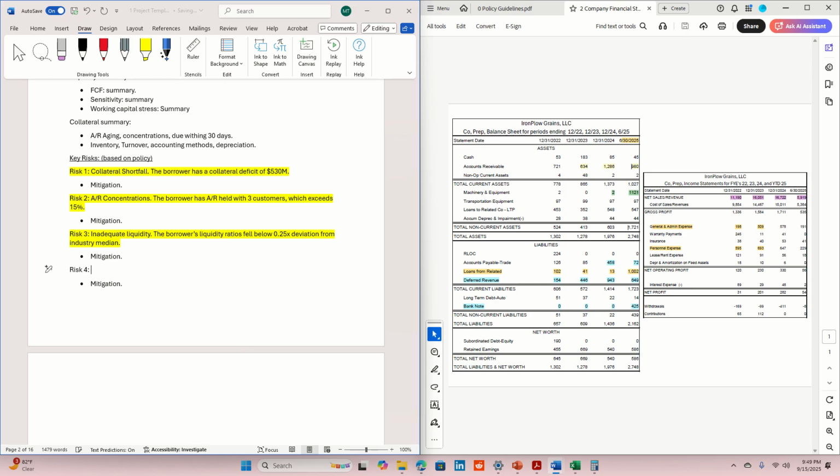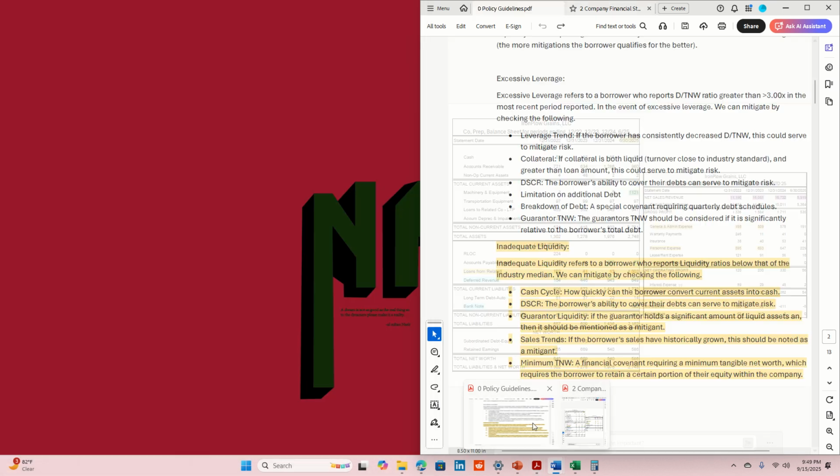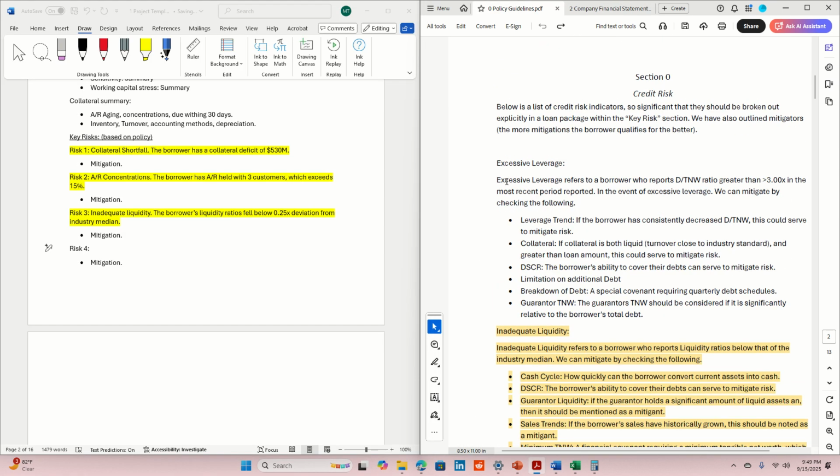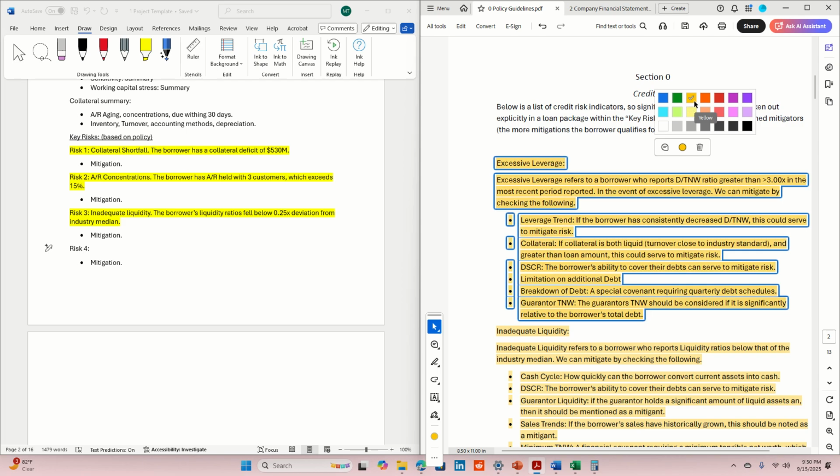Okay. So, risk number 4. I told you we were gonna have more risks. As we noted earlier, our company, the one that I'm analyzing right now, they do have excessive leverage. And you want to know how I know they have excessive leverage?